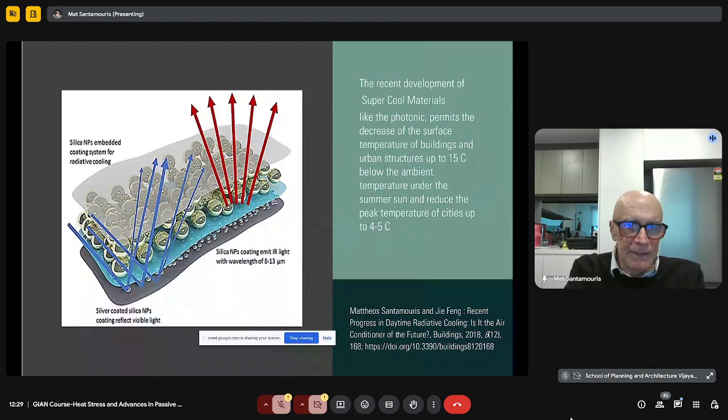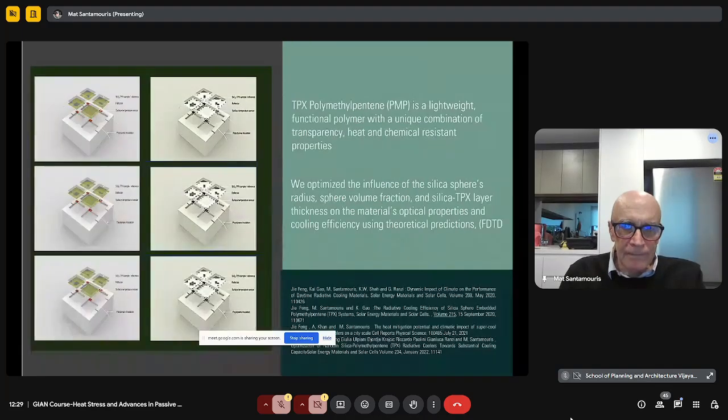These materials are composite materials. They first include components which help to reflect up to 95% of the solar radiation, but also emit in the atmospheric window. The materials developed in the last 5, 6, 7 years for building applications present up to 15 degrees subambient temperature.